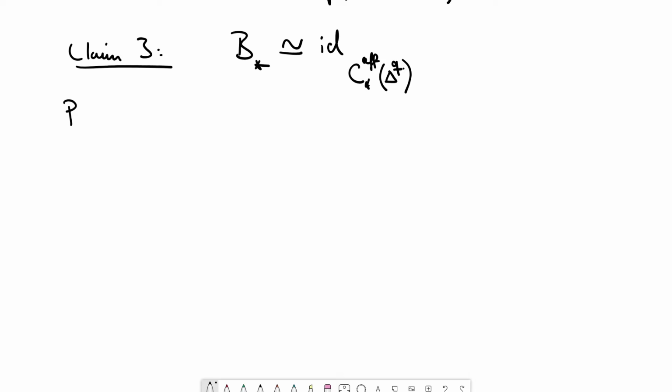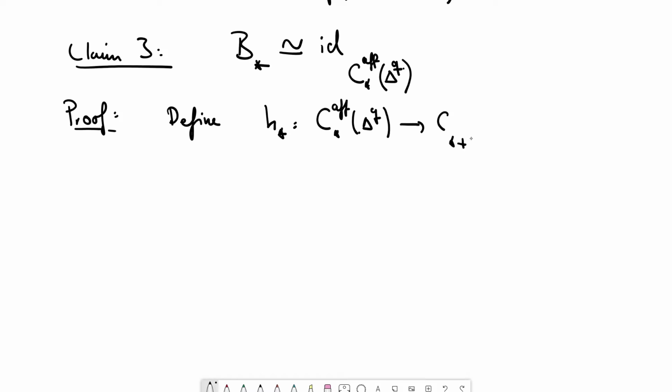And the proof is really very similar to proving that it's a chain map. It's induction. You write down the formula for the chain homotopy. I will write down the formula, I will not do the induction. It's as formal as the argument for the chain map. So define this chain homotopy H_*, which shifts the degree by 1, and this is also defined inductively.